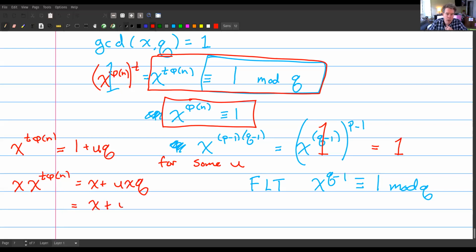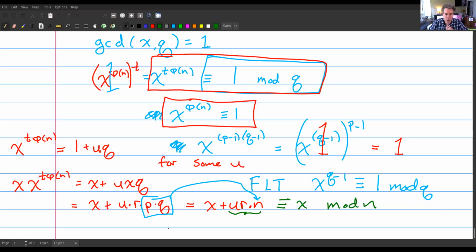So this is u times r times p times q, which is the same thing as x plus ur times n, using the fact that p times q is equal to n. So now we can reduce this mod n, and this stuff that has a factor of n will just go away. So this is congruent to x mod n.